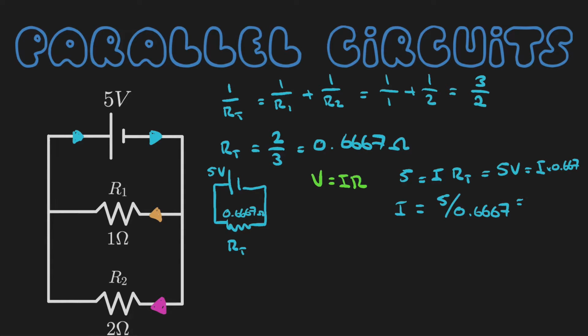And that equals 5 divided by 0.6667, we actually have 7.5 amps. And that 7.5 amps is here. Okay? And like I said before, there will be a different current going through here and a different current going through here. But the sum of these two currents will equal 7.5 amps. Okay?